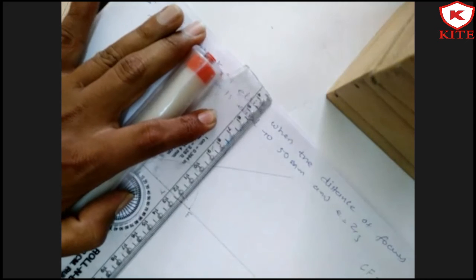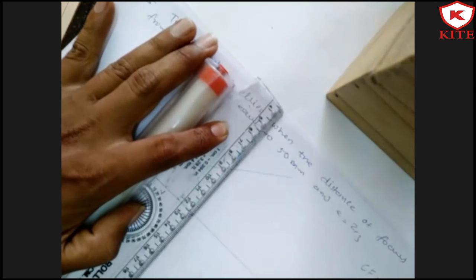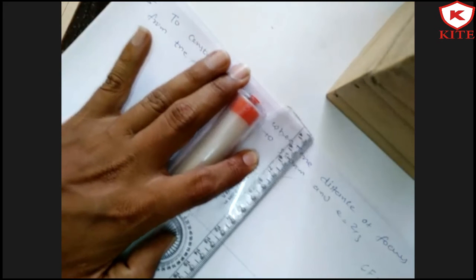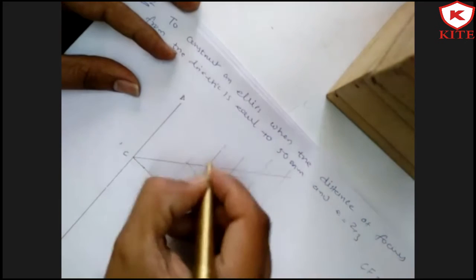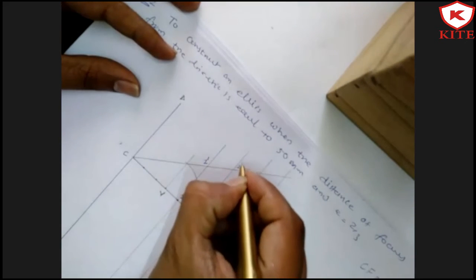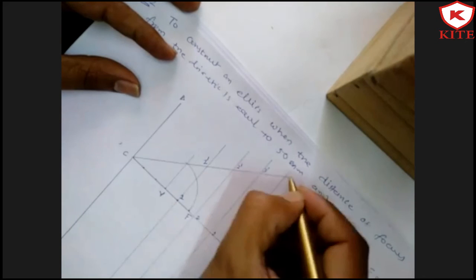Now at the same distance, line 2, 3, and at least 4 here. Now mark as this is point 1, 1 dash, 2, 2 dash, 3, 3 dash, 4, 4 dash.